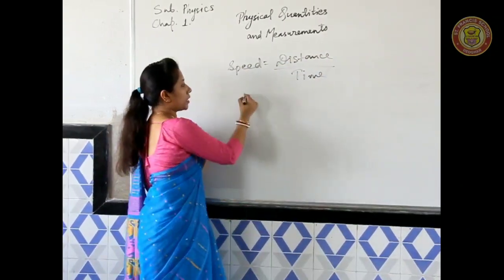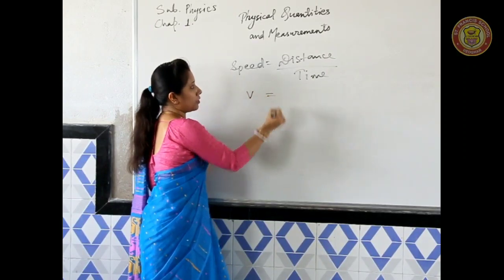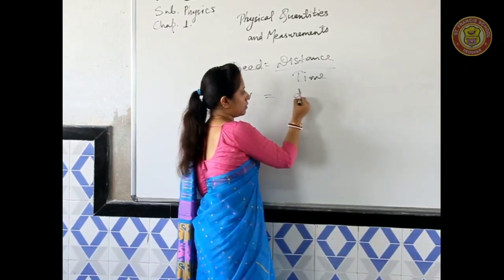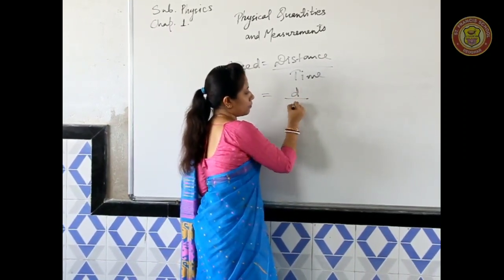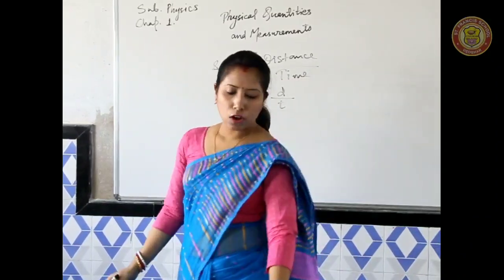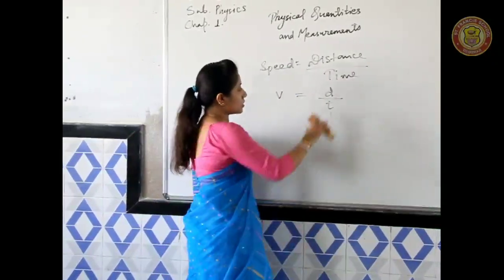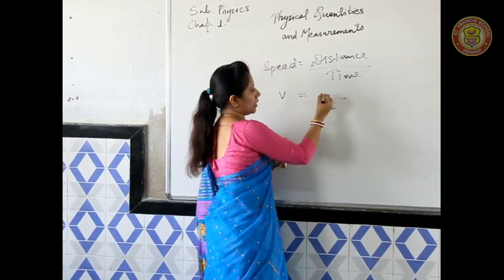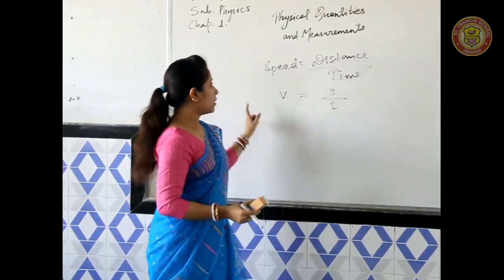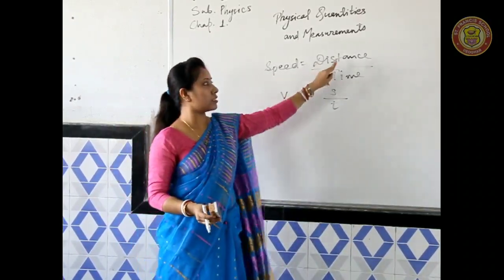time. Speed is denoted by V, distance by D and time by T. Or for distance we can also use the letter S. So speed equals distance by time.